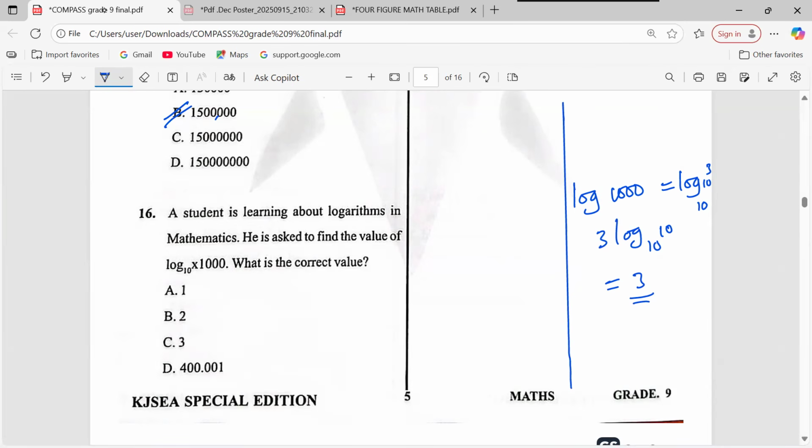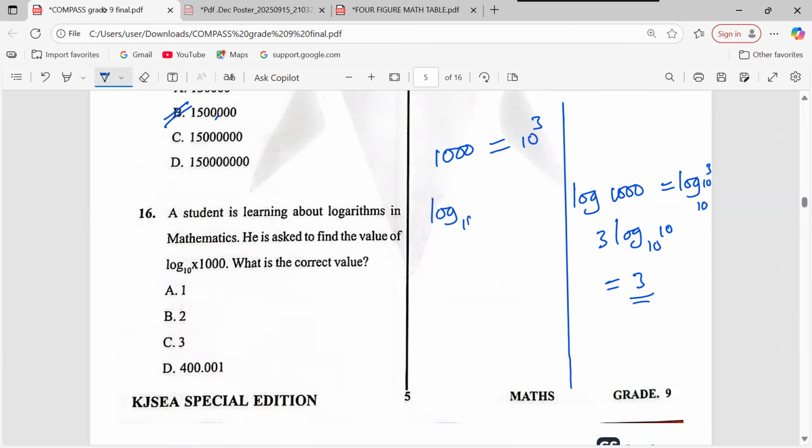Remember, we can say that 1,000 equals 10 power 3. So this is the log of 10 power 3.